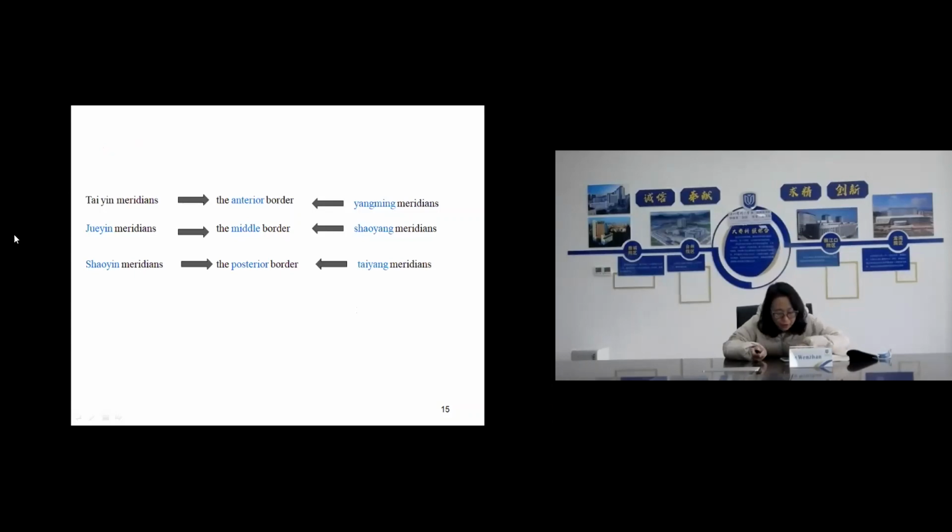So, the yin meridian can be divided into Tai Yin, Jue Yin, and Shao Yin. Tai Yin meridian is distributed in the anterior border of the body, Jue Yin meridian in the medial border, and the Shao Yin meridian on the posterior border.